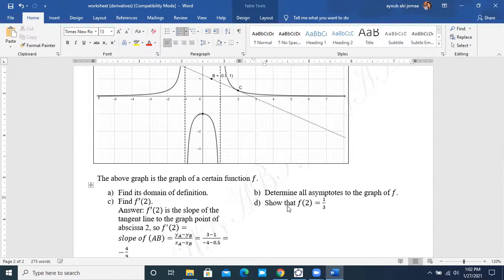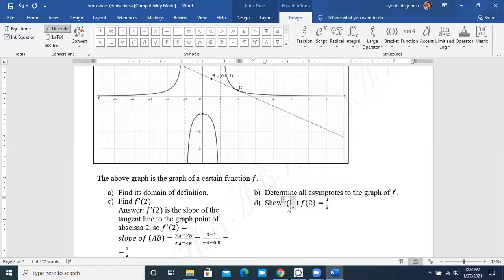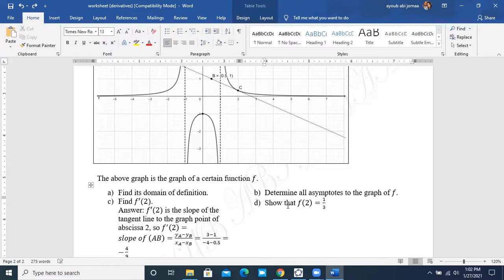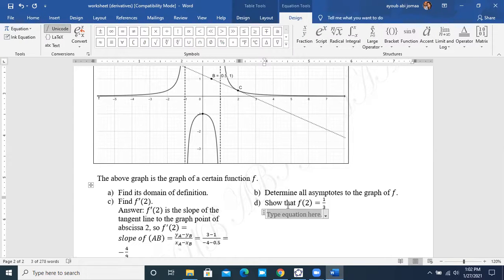So line AB will have equation y is equal to negative 4/9 x plus b, right?